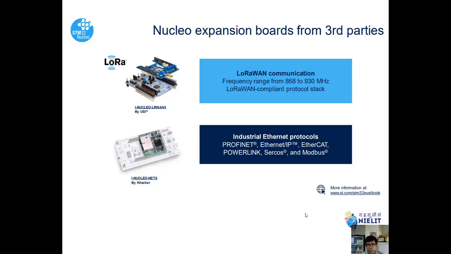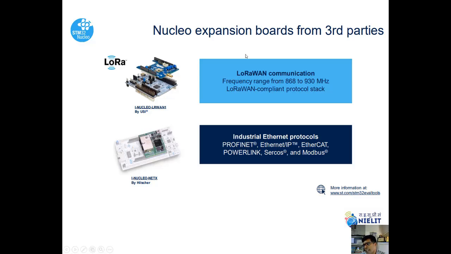Apart from STM, you can develop third-party expansion boards. We will be experiencing a third-party expansion board, because Neelit has developed a few expansion boards for Nucleo-based applications. You will be doing the hands-on from next week onwards. A few of the applications will be running on our expansion board, which we are connecting on top of the STM development board.